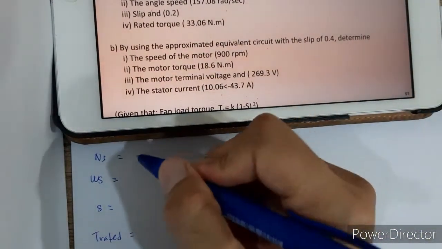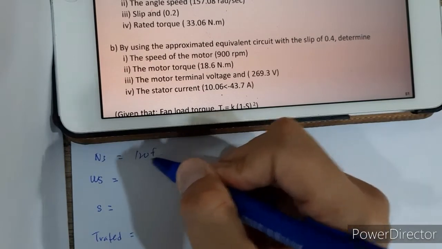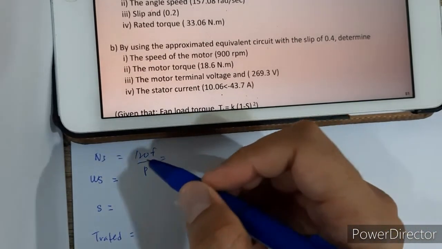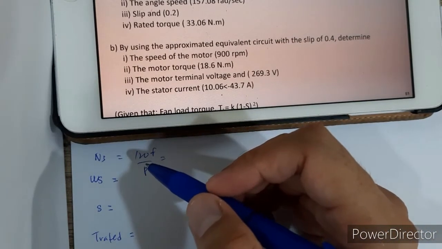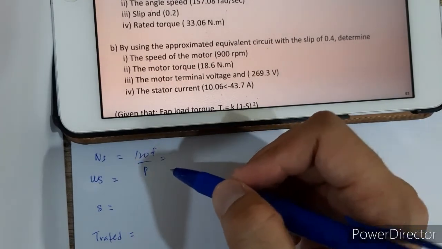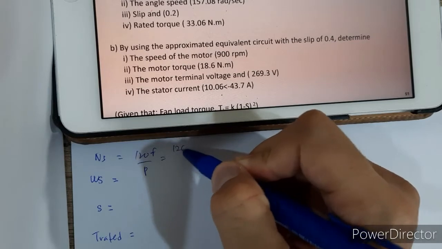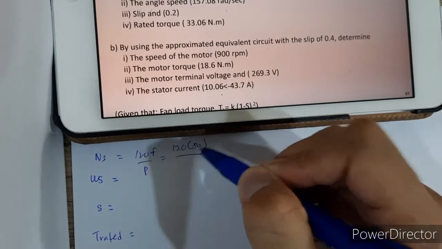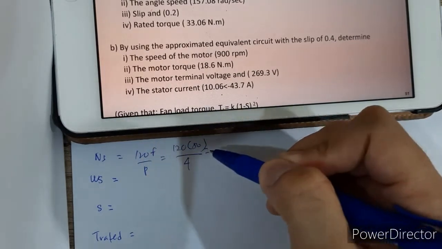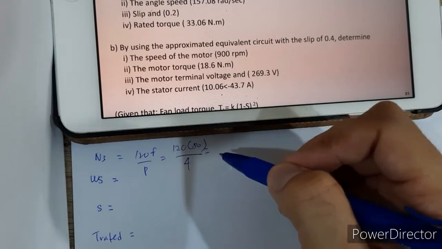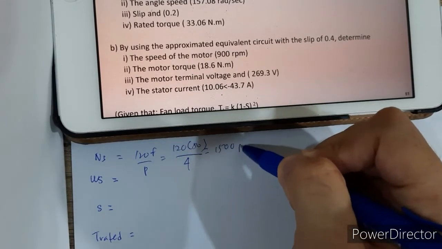The first one is NS. NS is 120 F over P. 120 times 50 over P, which is 4. So the answer is 1500 RPM.